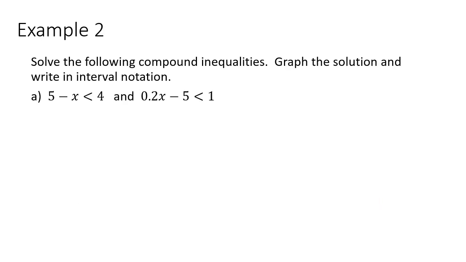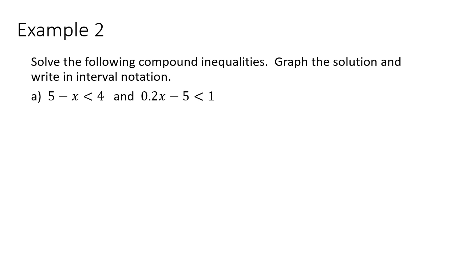So let's take a look at some and compound inequalities. And for each, we're asked to graph the solution and write the solution in interval notation, just like in example 1. So to start off with, we've got 5 minus x is less than 4, and 0.2x minus 5 is less than 1. So to start off with a compound inequality, you start by solving both simple inequalities for x.